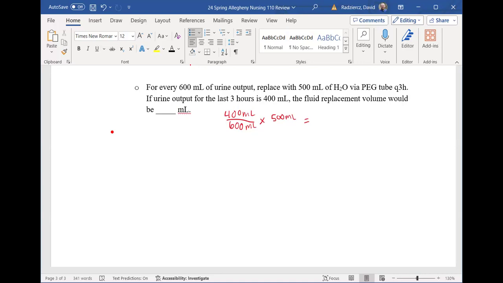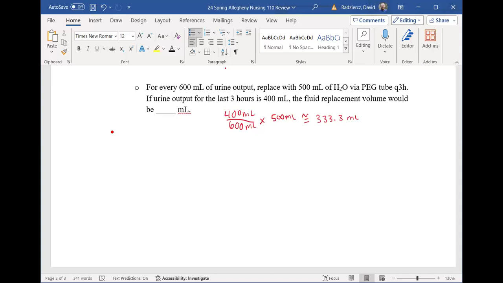400 times 500 gives me 200,000. And then I'm going to divide by 600. And I'm going to get 333.333333 repeating. So I'm just going to round that and say 333.3 milliliters.